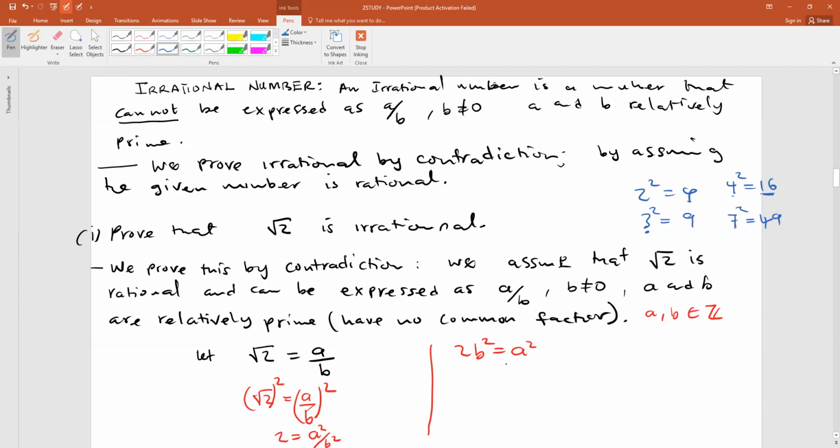So what we have here is this a squared. Since it can be written as 2b squared, it means this a squared is divisible by 2, because it has been expressed as 2 times a certain b squared.